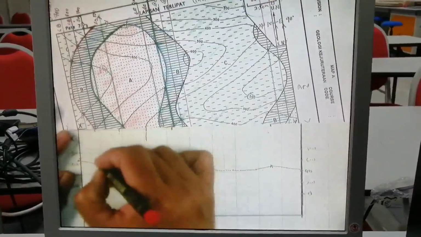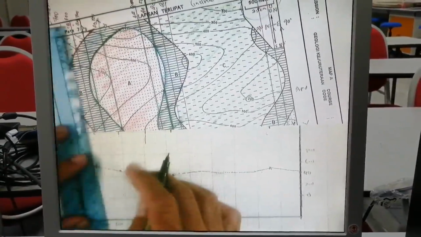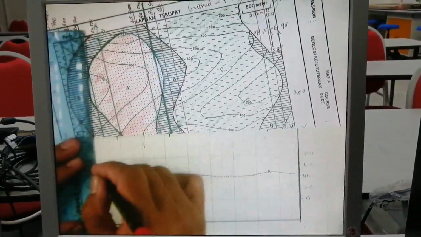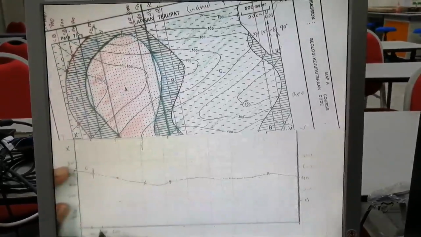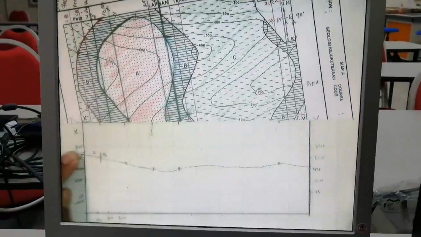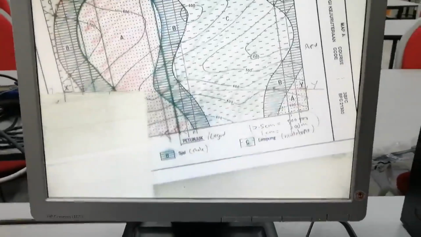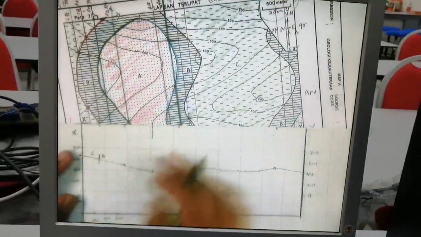So we have a point where we have C here and B here. So we have C rocks here. C is mudstone, B is shale. This point and this point.